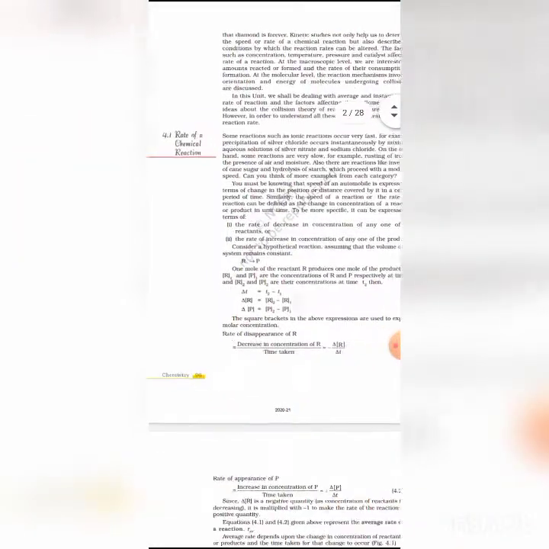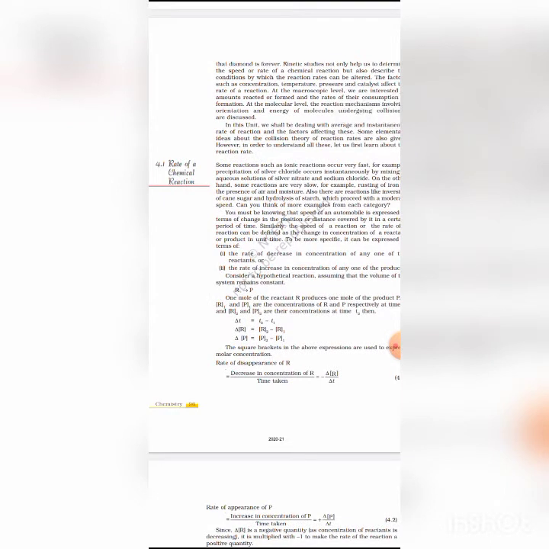Now, what is a rate of reaction? Student, rate of reaction is defined as the change in concentration of a reactant or product in unit time. For a general reaction such as R produces P, R is the reactant and P is the product.